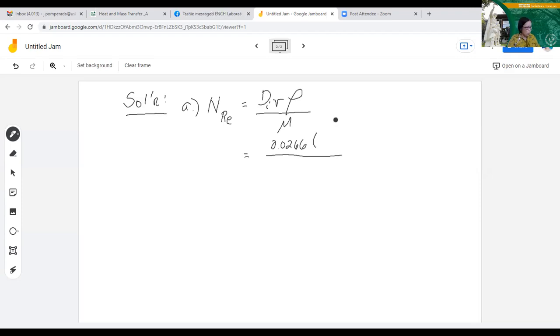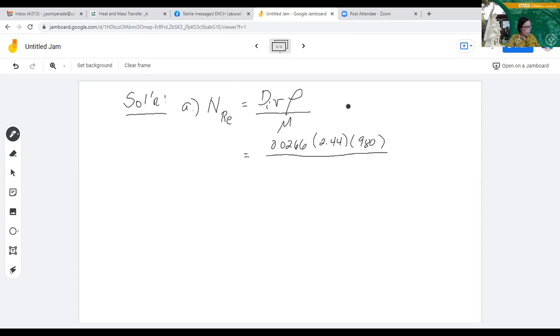Then the velocity is 2.44. And the density is 980 kilogram per cubic meter. Notice that I'm not writing the units anymore because it's understood that if I'm working in SI units, they will all cancel each other, because this is a dimensionless number.